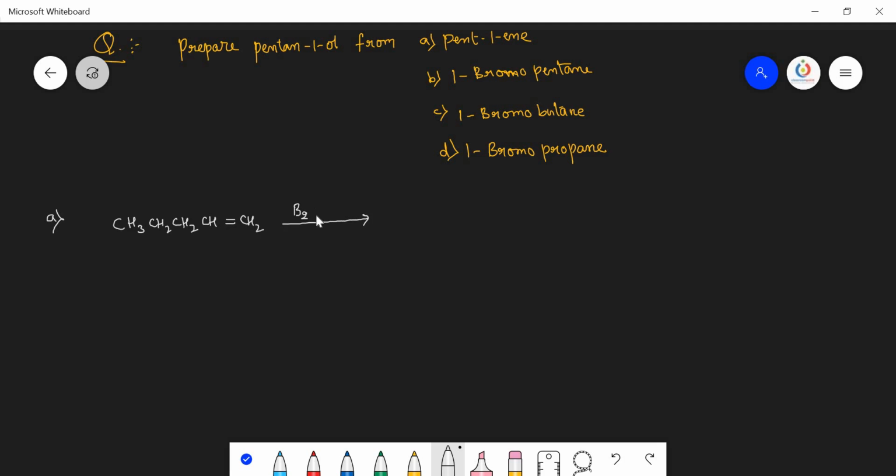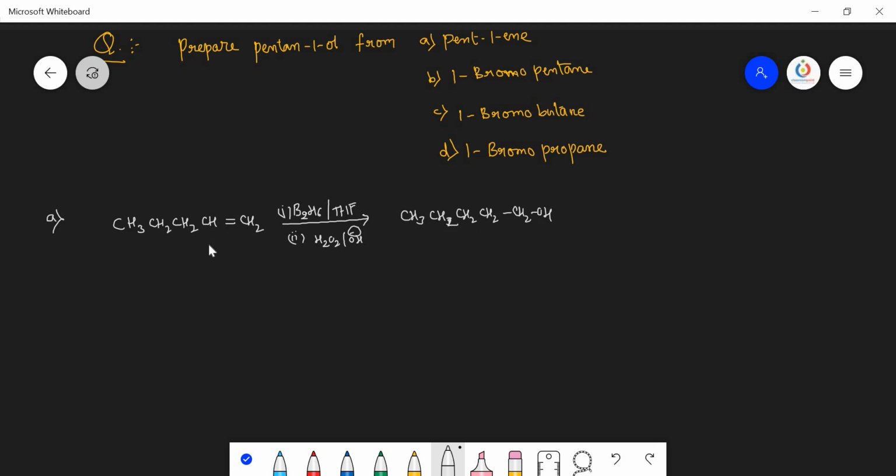That is done only by using hydroboration oxidation, B2H6 in the presence of THF, step 1. Step 2 is H2O2, OH minus. So you shall get CH3, CH2, CH2, CH2, CH2OH.